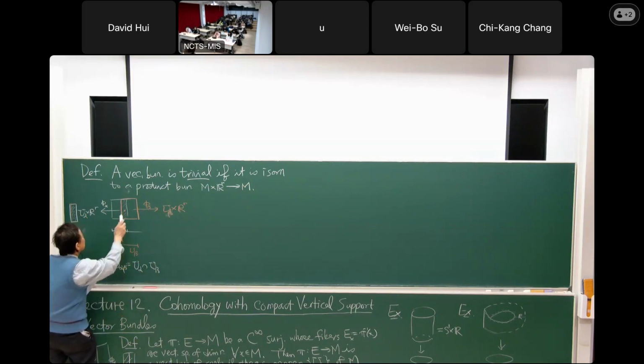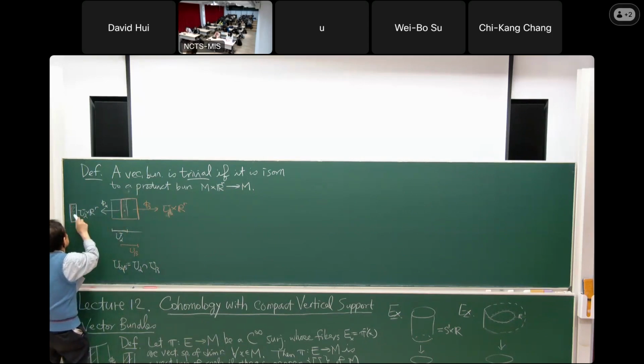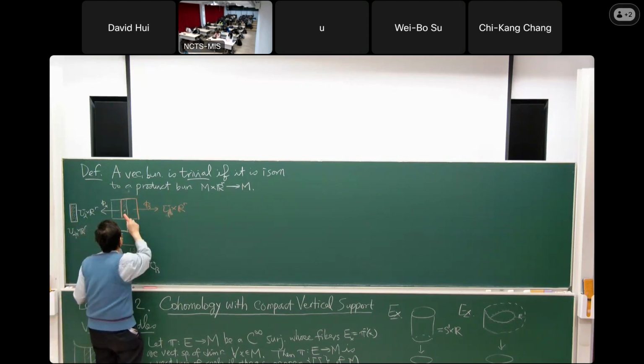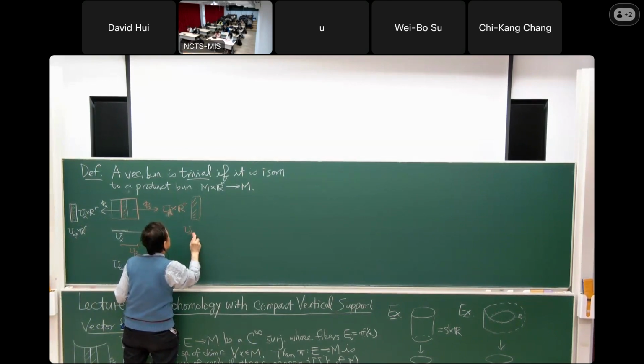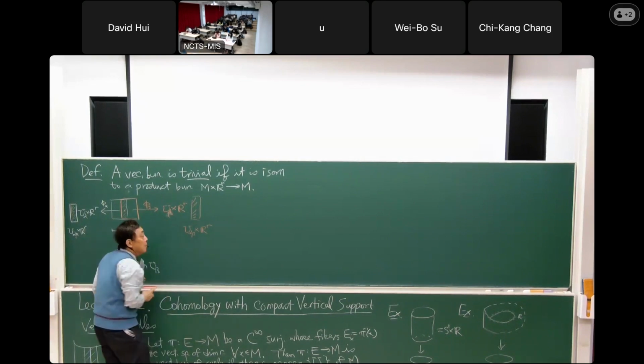Okay? So this intersection is diffeomorphic to U alpha beta cross R to the R. But it's also diffeomorphic to U alpha beta cross R to the R via phi beta.